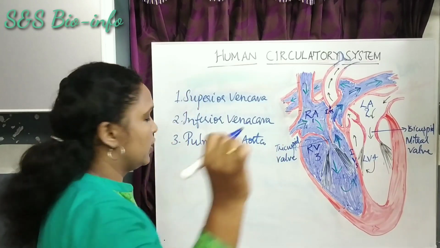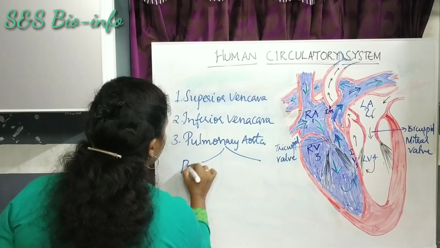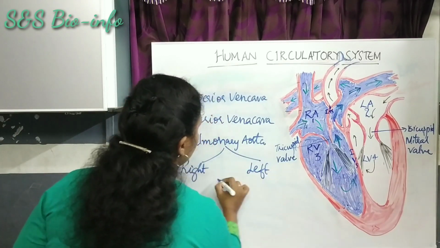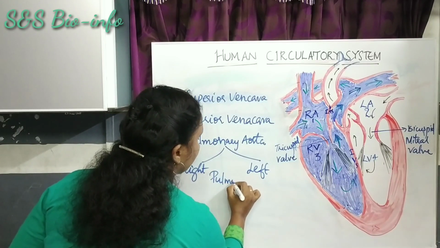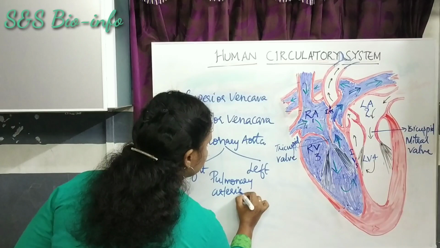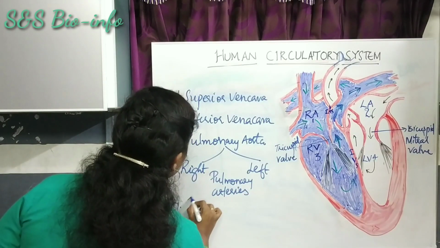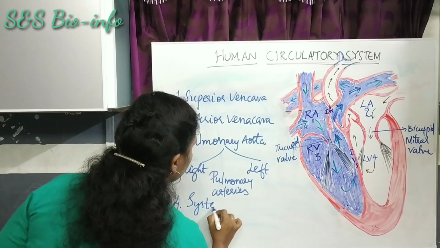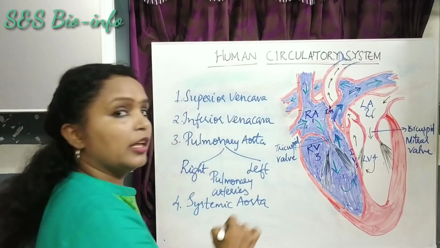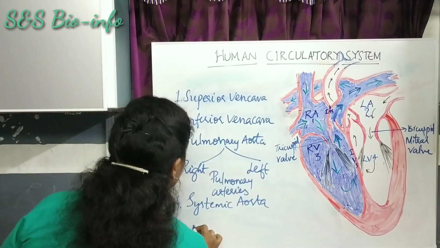This pulmonary aorta has two parts, the right and left pulmonary arteries. Then the fourth one is systemic aorta. Then the fifth one is pulmonary veins.